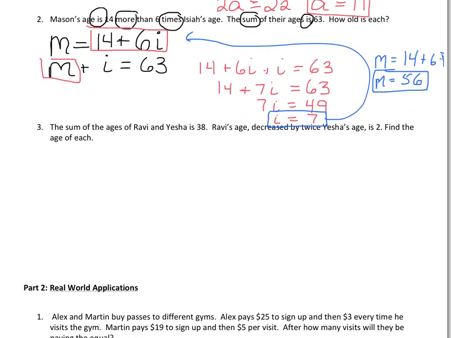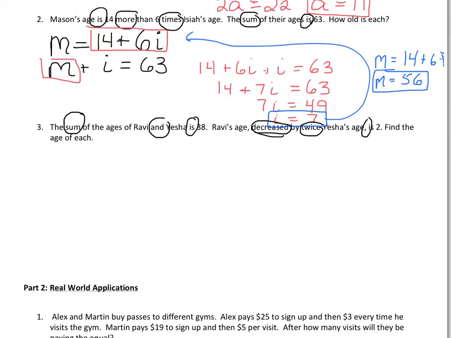Number 3. The sum of the ages of Ravi and Yesha, and is a word for addition, is 38. Ravi's age decreased, that's a subtraction, twice his multiplication is 2. Find the age of each.